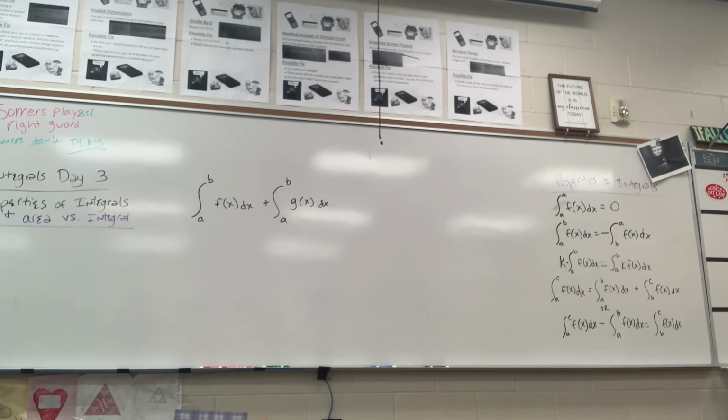But I want you to rewrite that into a single integral expression that's congruent. Actually, I should say equivalent. Congruent is shapes that are of equal measure. Equivalent is numeric.